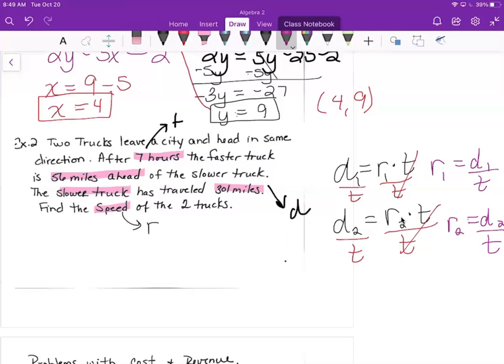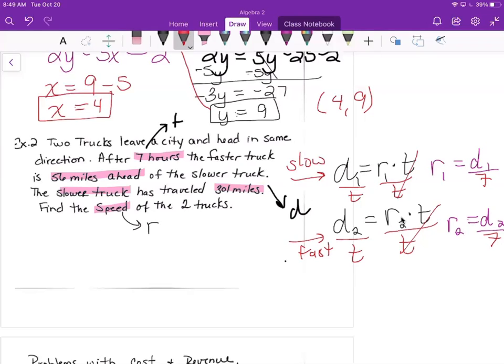All right, let's go ahead and plug our numbers in. So let's use this first equation for our slower truck. In both of our cases, our time is going to be 7, so I'm going to plug 7 in place of our time. It says the faster truck, so we're going to use this for our fast truck and this one for our slow truck.